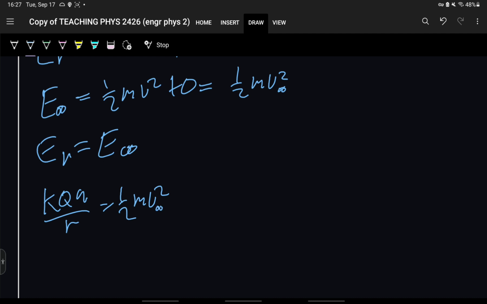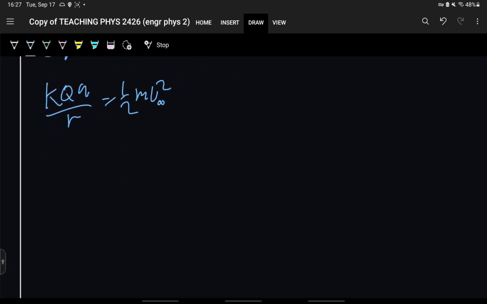And now we have to solve for the limiting speed v sub infinity. So we can rearrange the equation to isolate v sub infinity squared, and that's going to be 2 times k times Q times q all divided by m r.